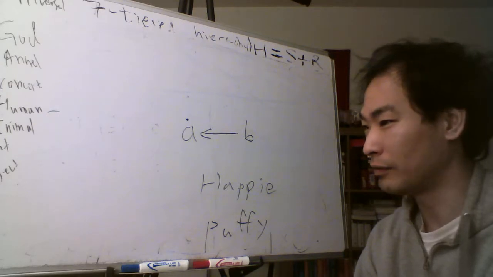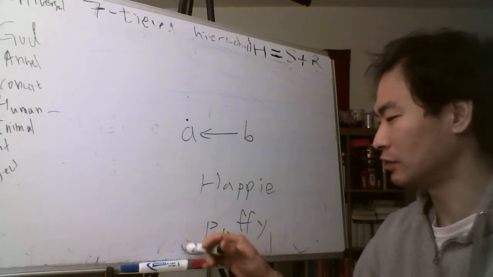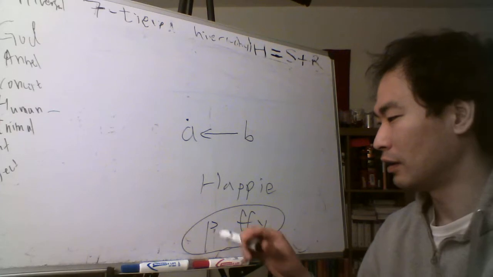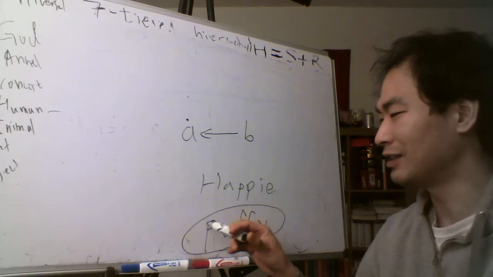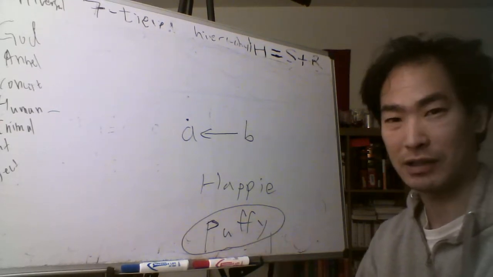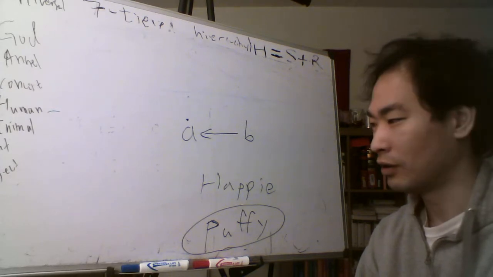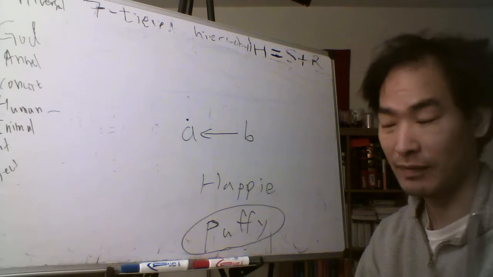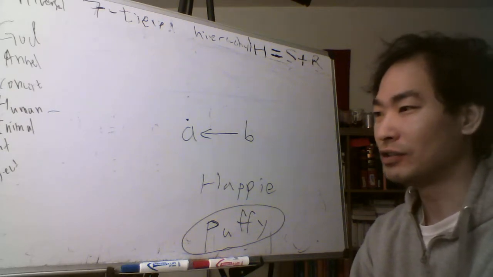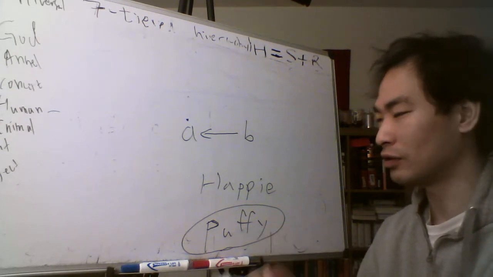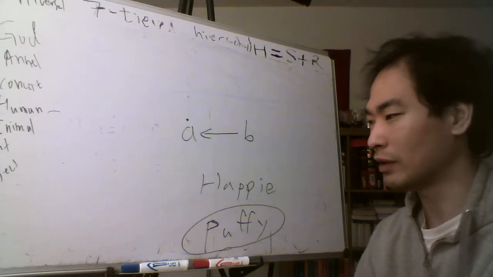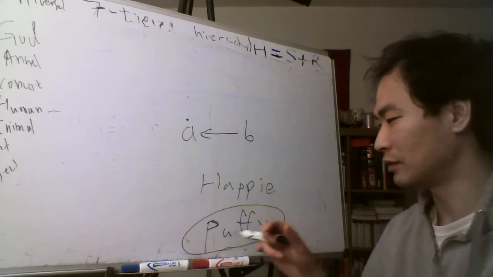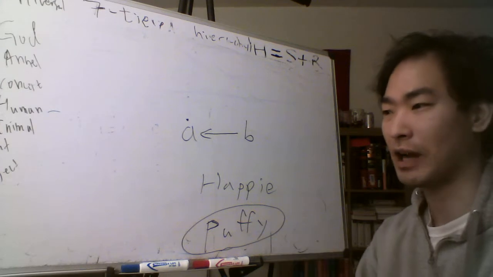Okay, but is it because this dog Puffy really knows what its name is? Or when I say Puffy, Puffy, does this dog interpret this sound Puffy as some kind of language?